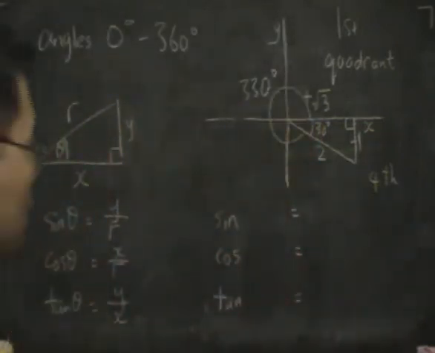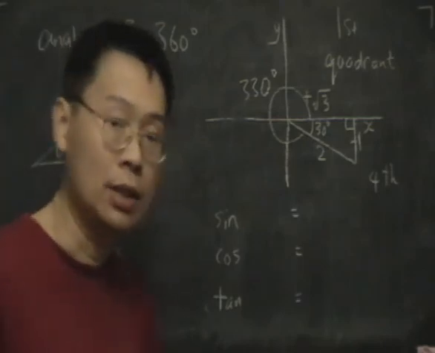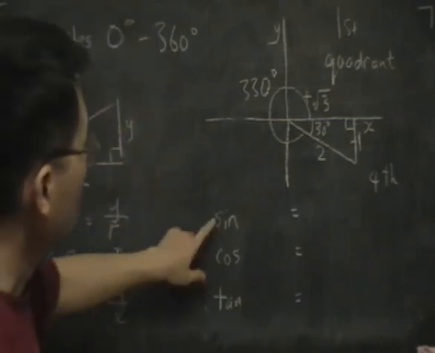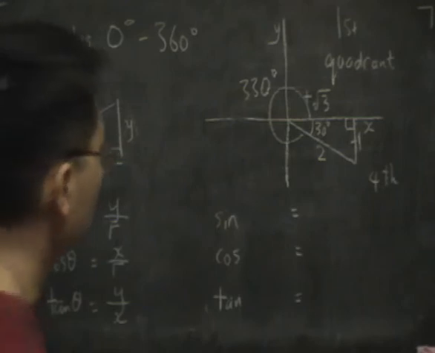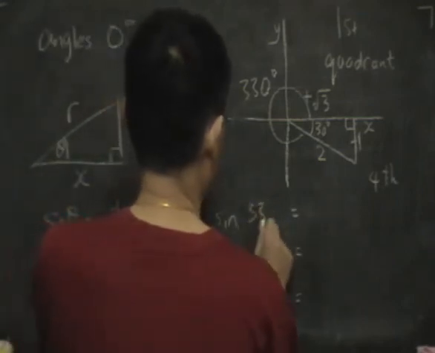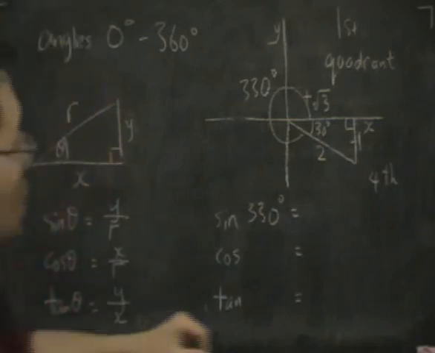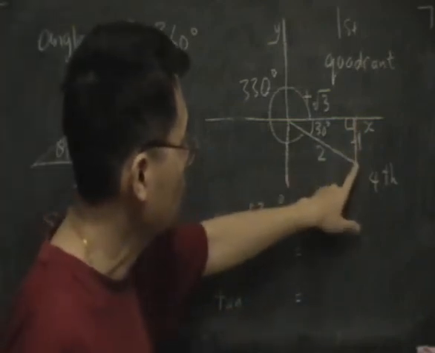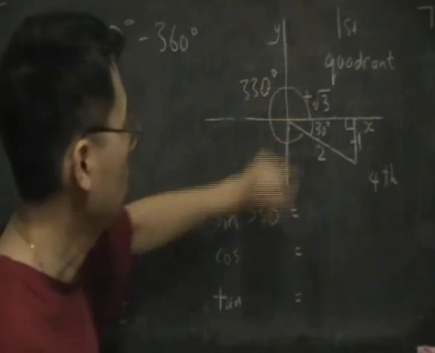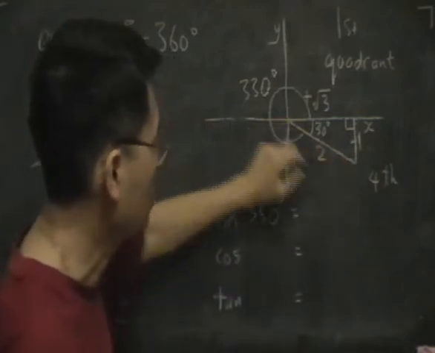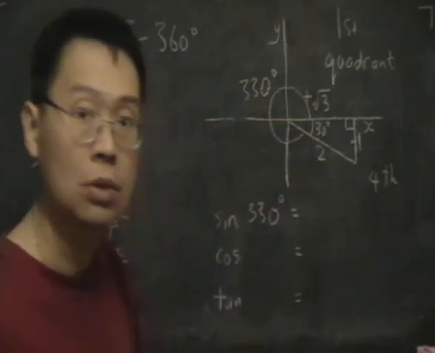Then we can now find the sines and cosines. The angle is 330. So sine 330 degrees is the opposite over hypotenuse, -1 over 2.